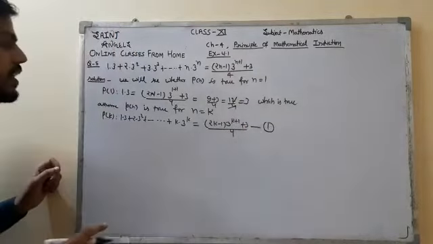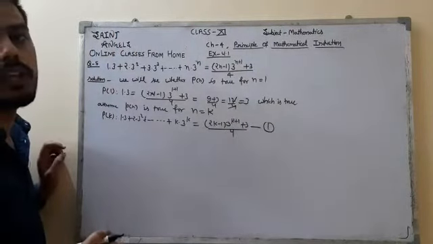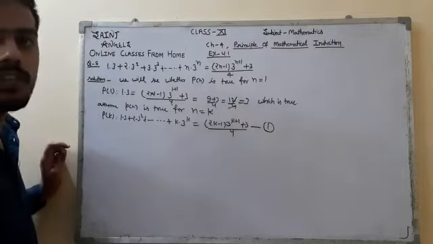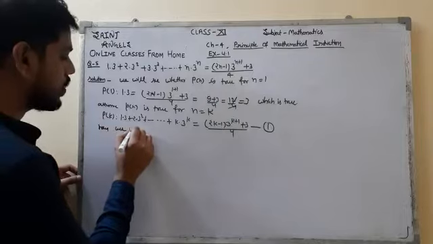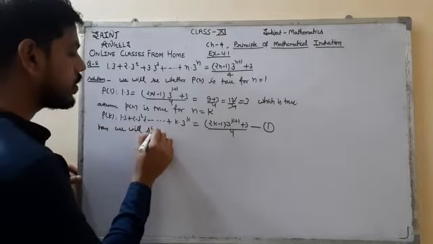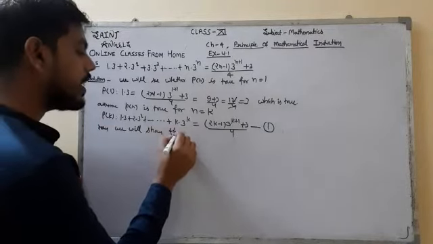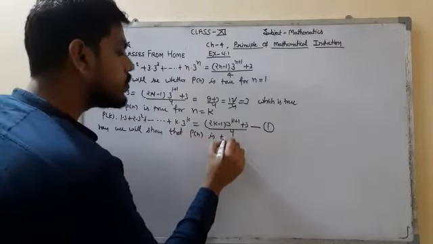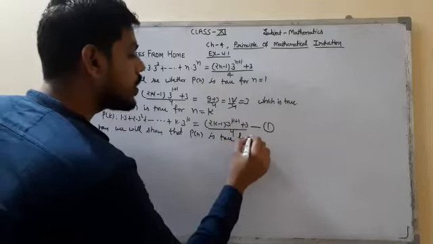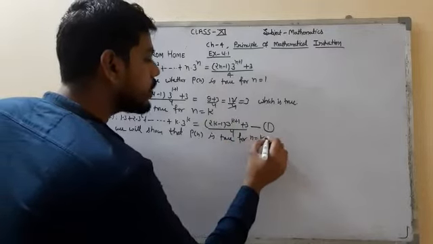Now if we can show that this statement is also true for k plus 1, then our question will be finished. So we will show that Pn is true for n equals k plus 1.